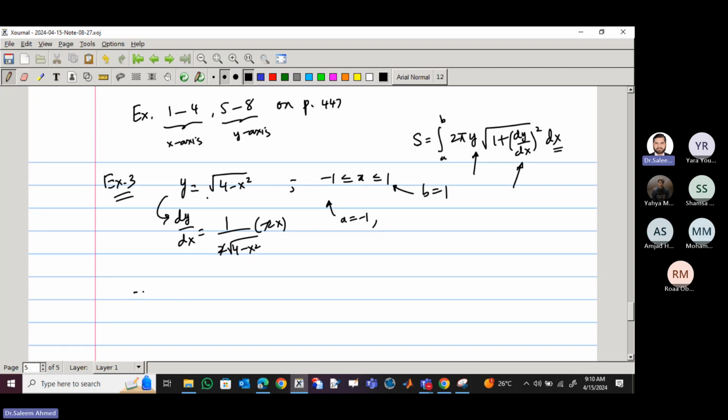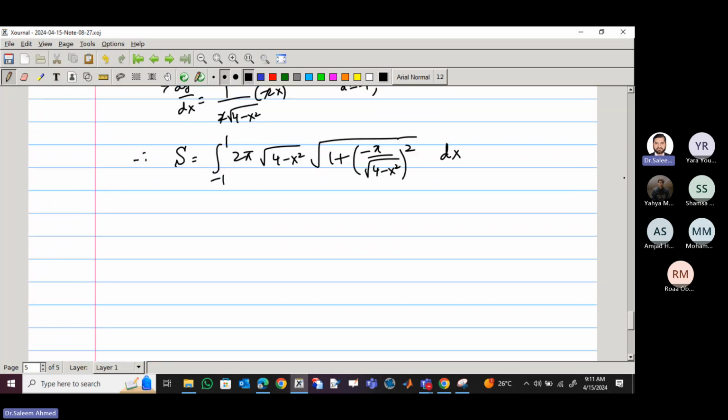Therefore, my s will become integral from -1 to 1 of 2 pi y. y is 4 minus x square, which is f(x), into square root of 1 plus dy by dx squared. dy by dx is minus x over square root of 4 minus x square, right? Into dx. This may become a little difficult, but let's simplify. Hopefully, after simplification, this integral will not be difficult.